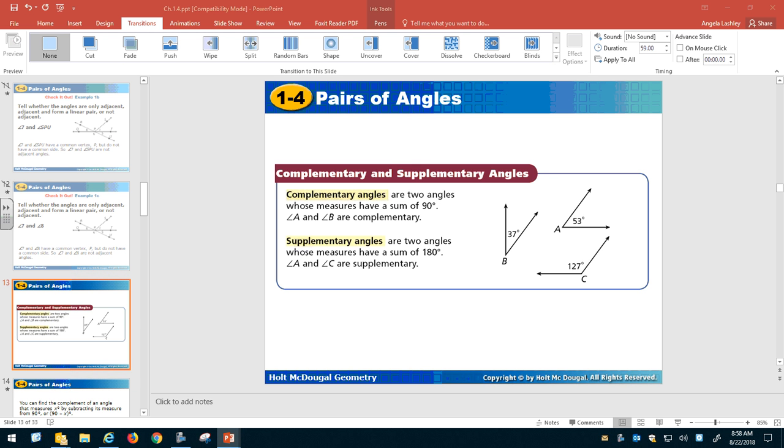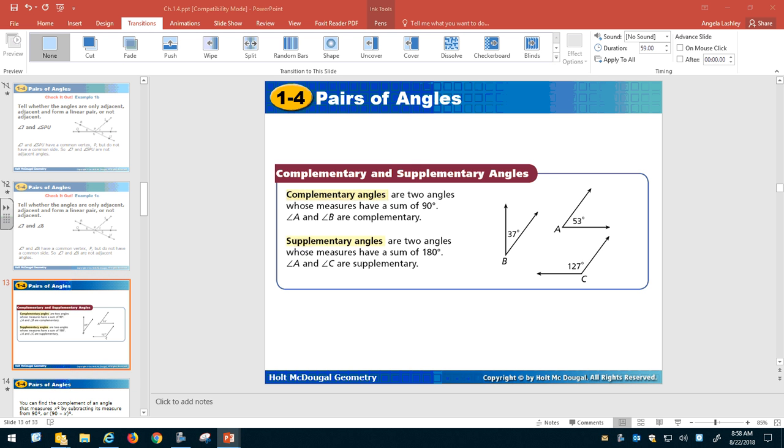It's going to be adjacent, it's going to be supplementary, but we're going to call it a linear pair because that's more specific. Okay? So, little trick if you get these confused: remember that in the alphabet, C comes before S, and on the number line, 90 comes before 180. So if that helps you keep it straight, which one's which.